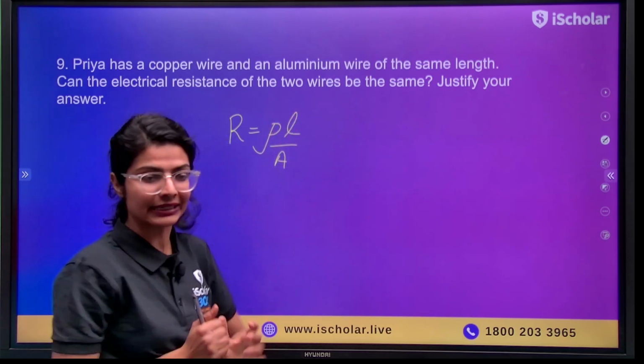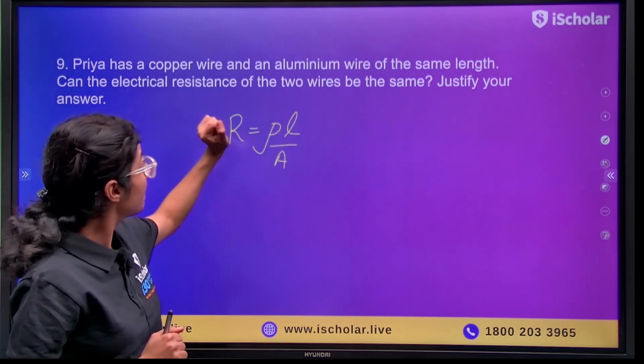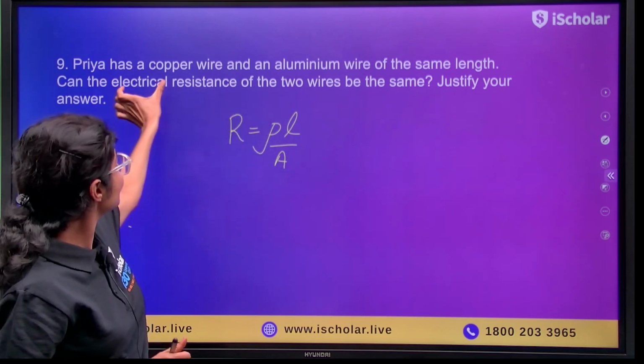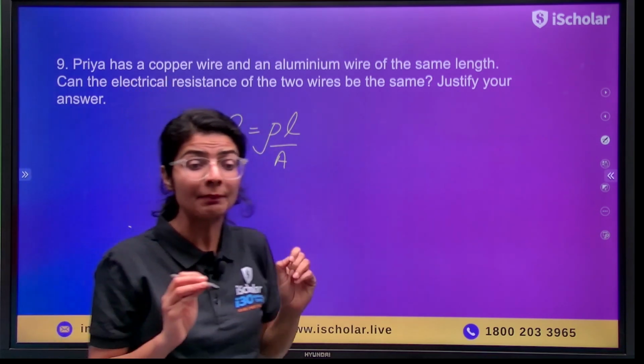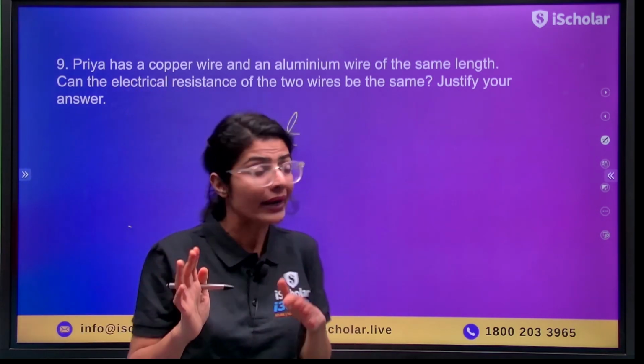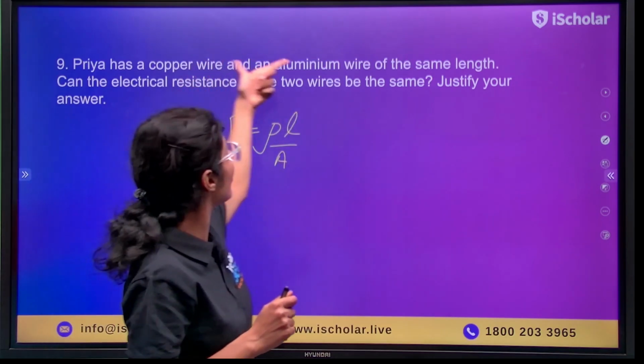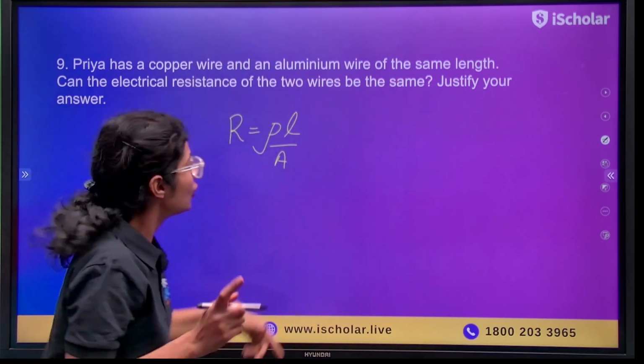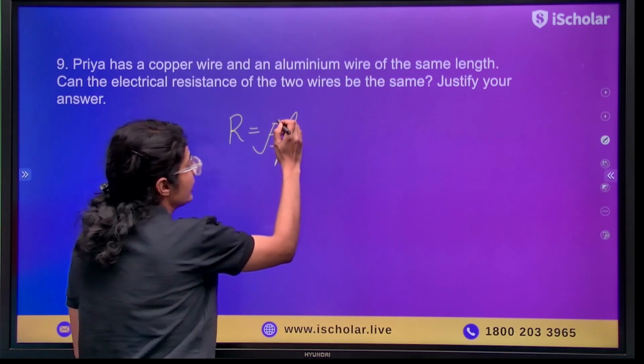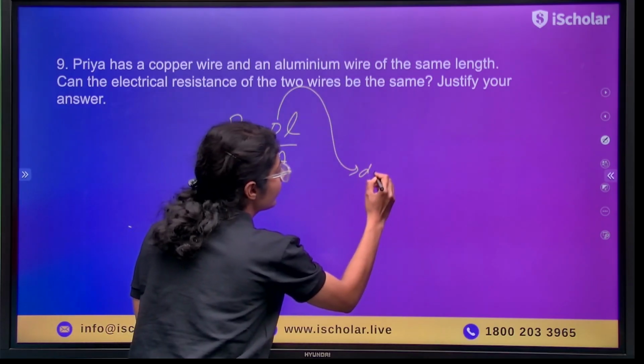If length is the same, let's suppose area is also the same, but since these wires are made up of different material, one is made up of copper, the other one is made up of aluminum. So we are going to say that this resistivity would be different for all.